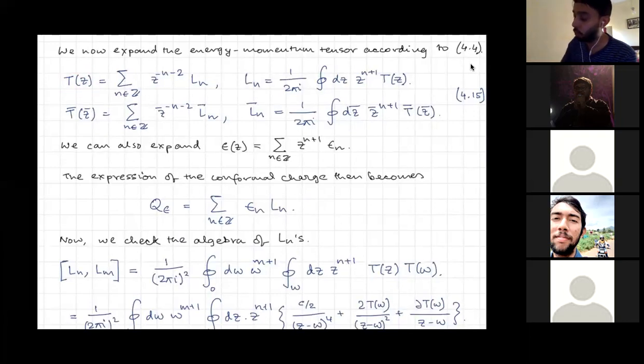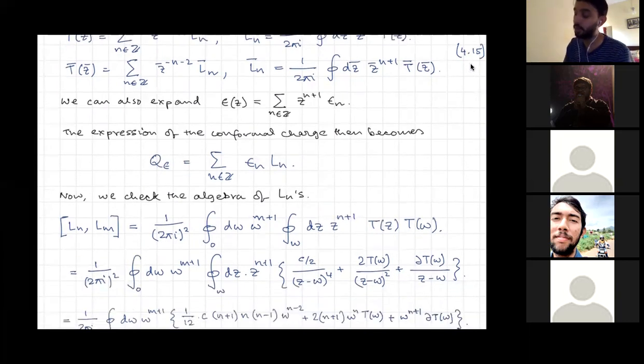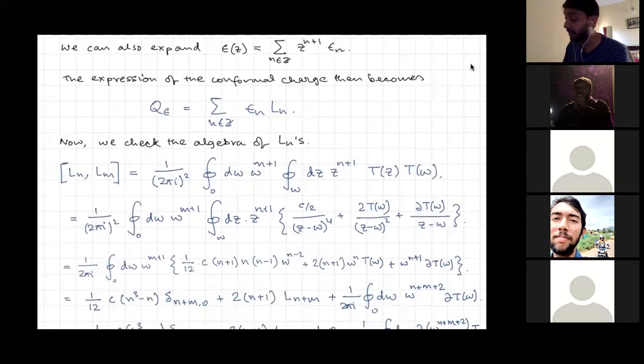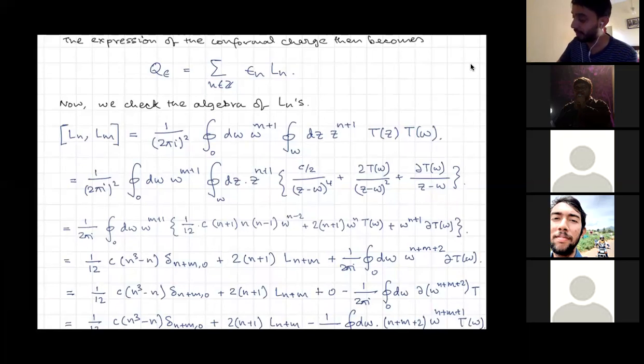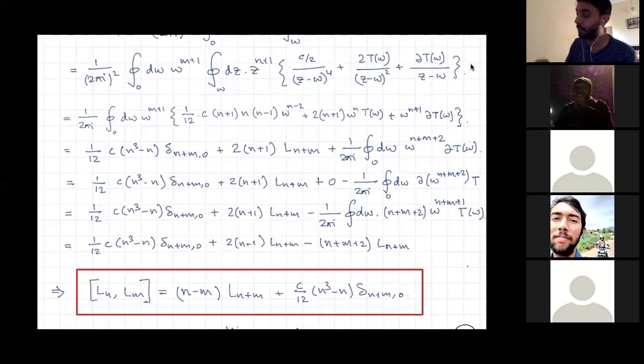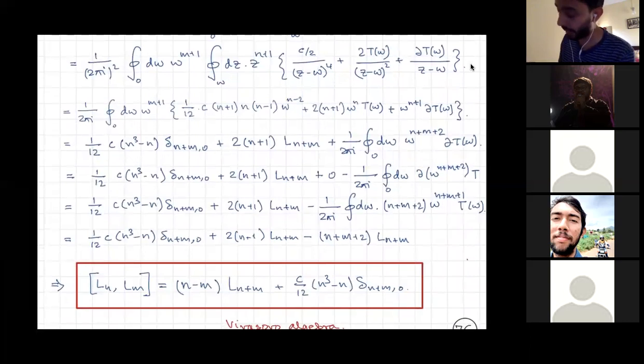When we used our mode expansions here, we were able to relate the TT OPE with something we had done earlier: we could calculate the brackets of L with L, and we saw that the TT OPE actually landed up on the Virasoro algebra.